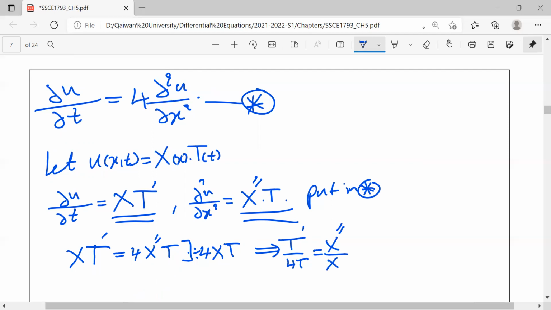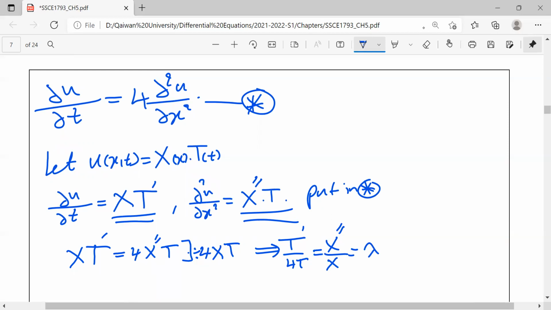We say these two functions are equal in only one case, if both are constants. We let both equal lambda. Okay, this is a constant. We let lambda be a constant.